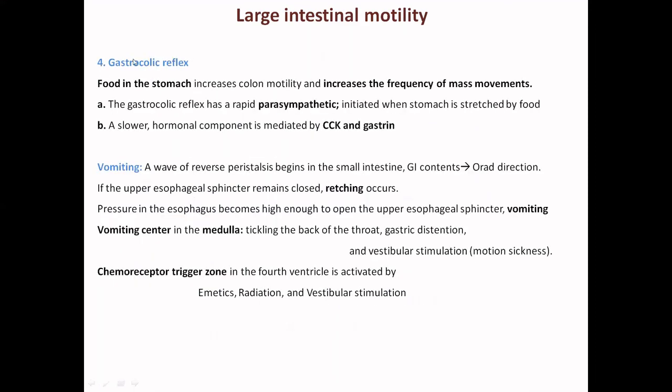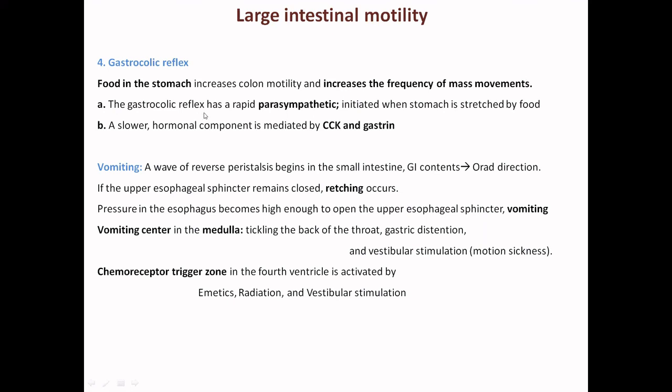Then the gastrocolic reflex: food in the stomach. A lot of people, you have probably seen, whenever they eat, after that they go for defecation. This happens because food in the stomach increases the colon motility and increases the frequency of the mass movement.